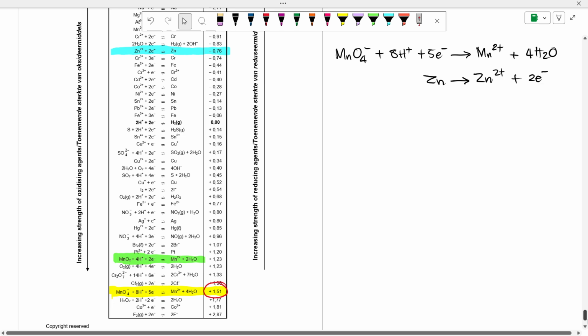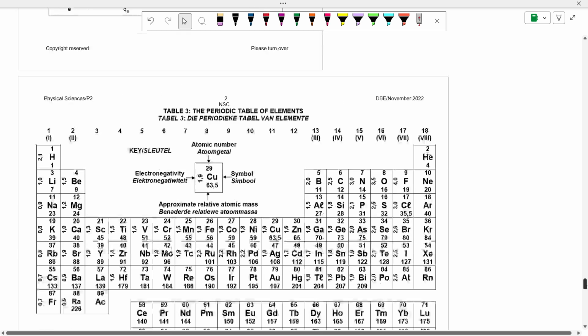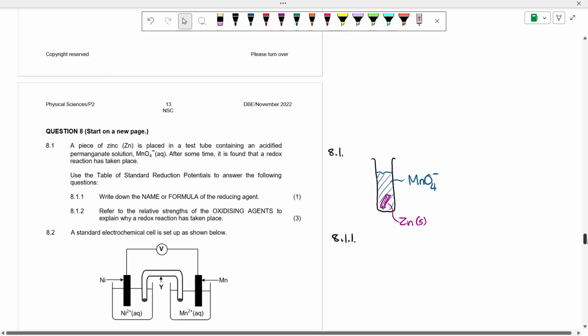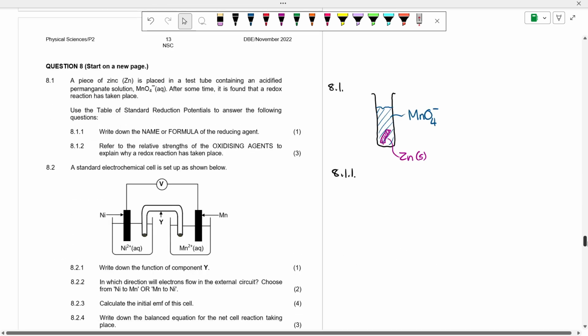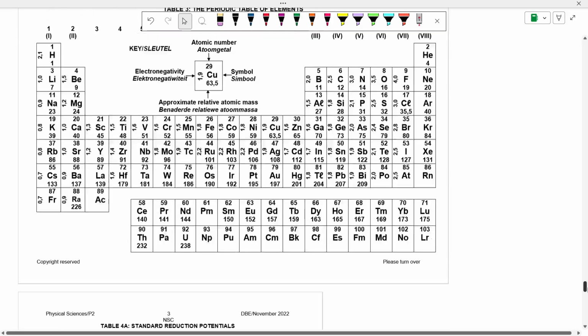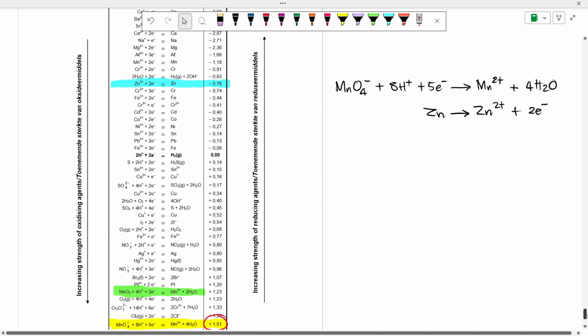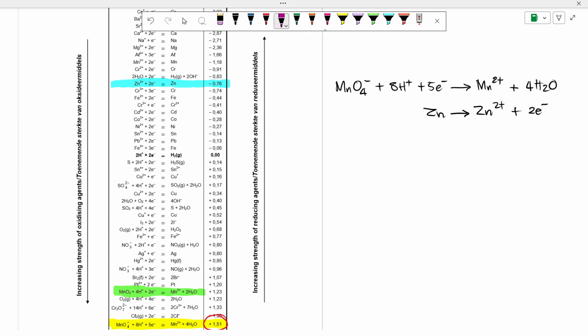The first question was, let me go back to see that, write down the reducing agent. So we already know which one is oxidized and which one is reduced. Which half reaction is showing oxidation, the top or the bottom? The zinc. Yes, this is the loss of electrons, oxidation. The one on top is reduction because it is the gain of electrons.